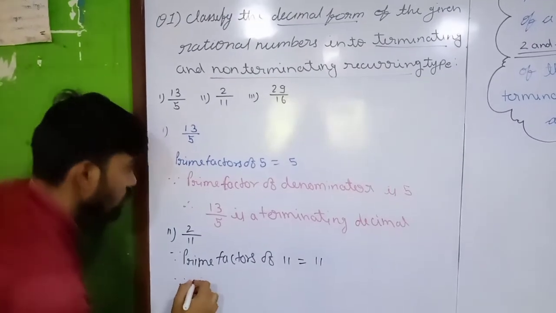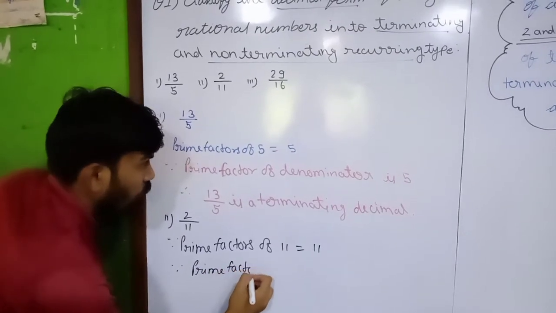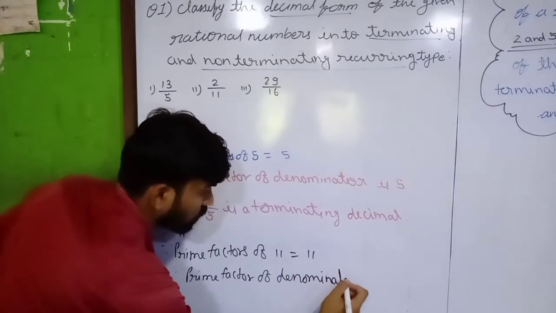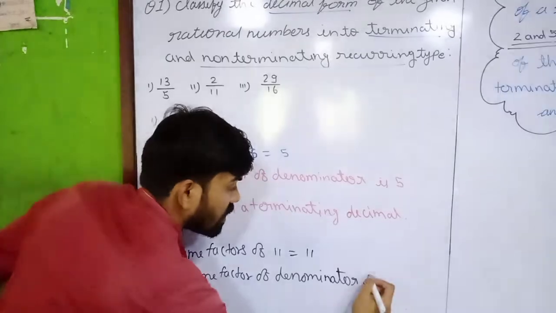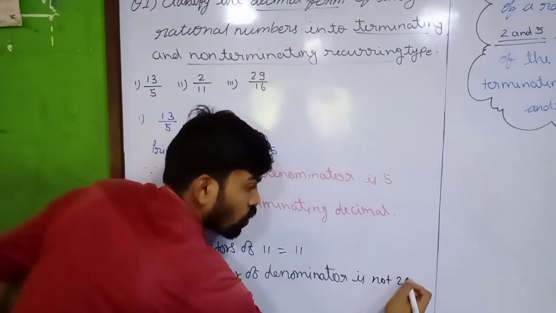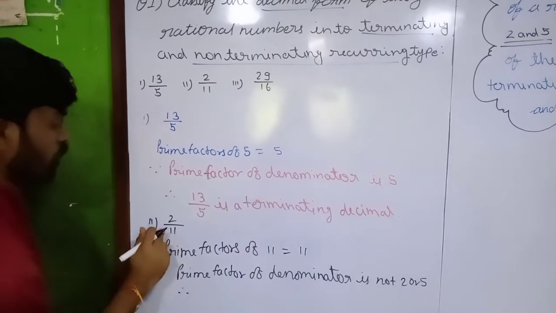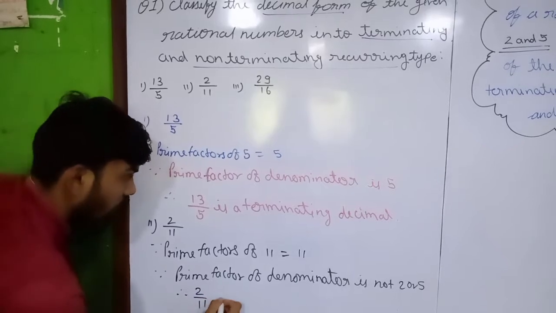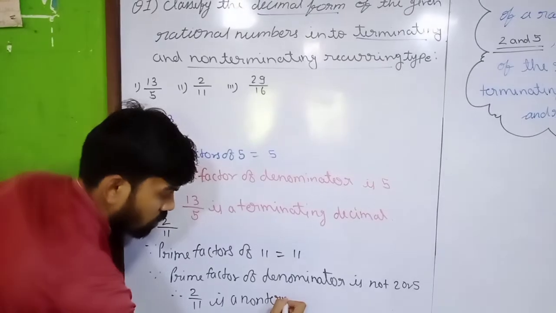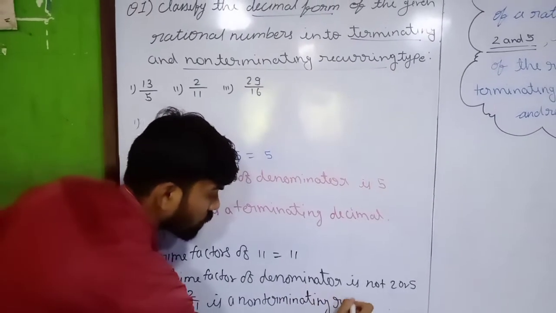So because the prime factor of the denominator is not 2 or 5, therefore 2 upon 11 is a non-terminating recurring decimal.